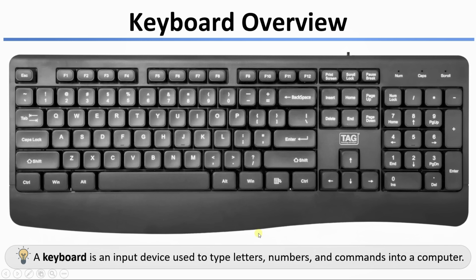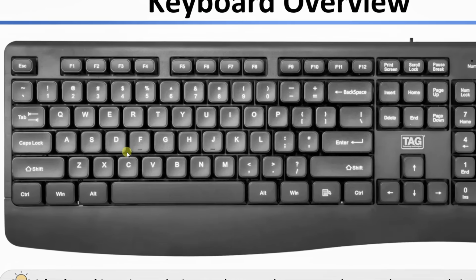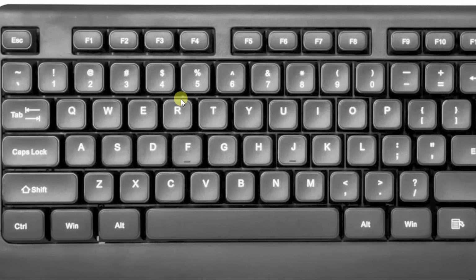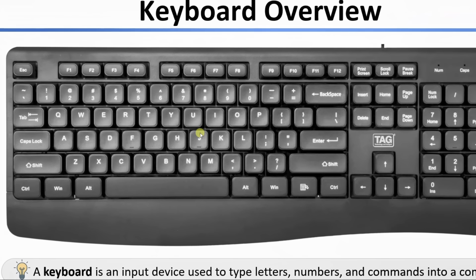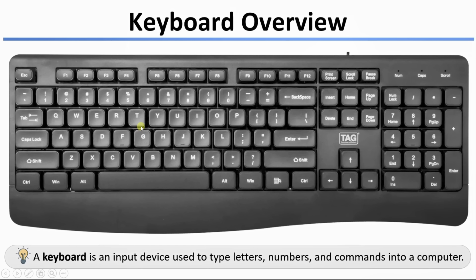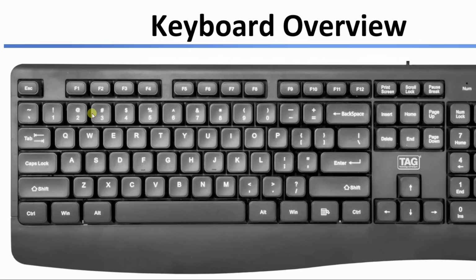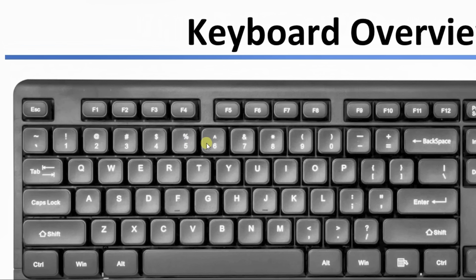Now, if we look closely at our keyboard right here, these are your main typing keys, the alphabet keys. If you want to type your name on a computer, you will use these keys. Right above the letters, we have the numbers. You see?